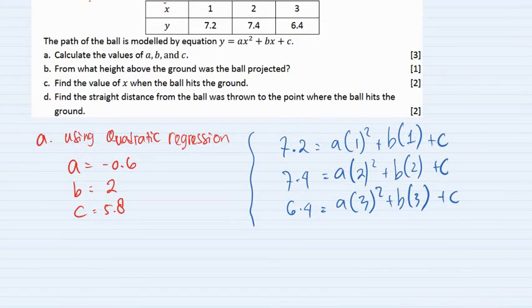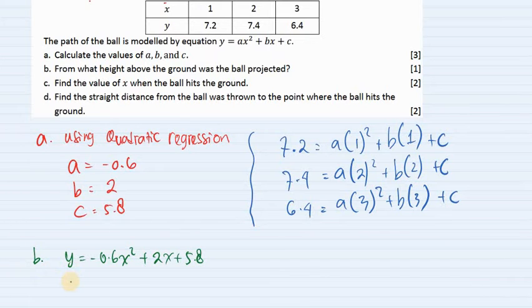From what height above the ground was the ball projected? So for b, we got the equation y equals negative 0.6x squared plus 2x plus 5.8.